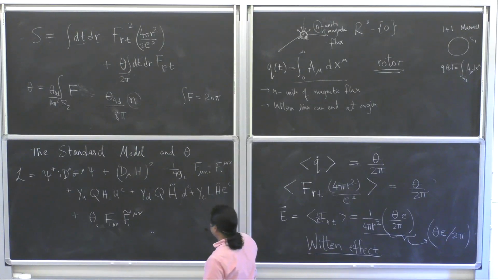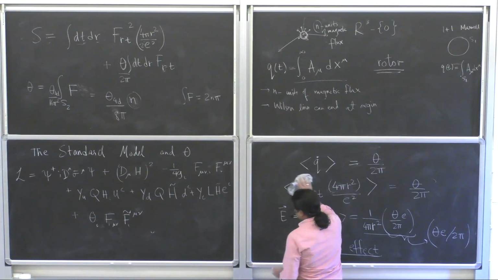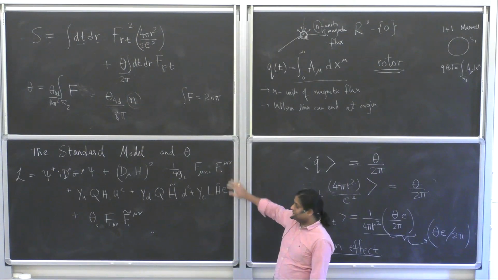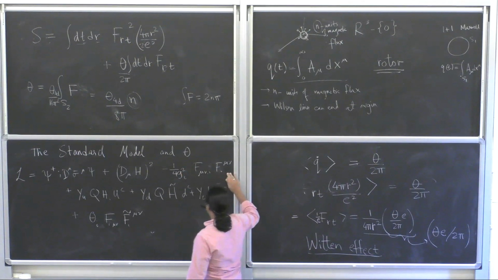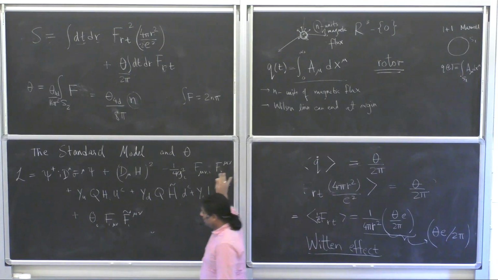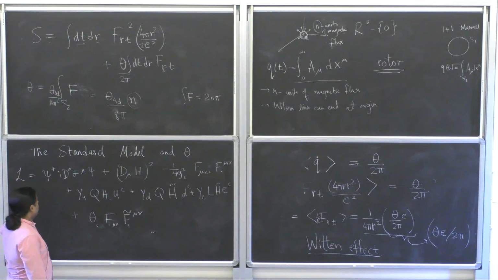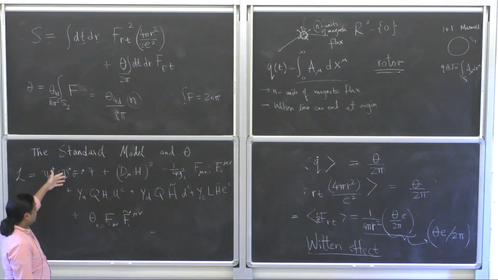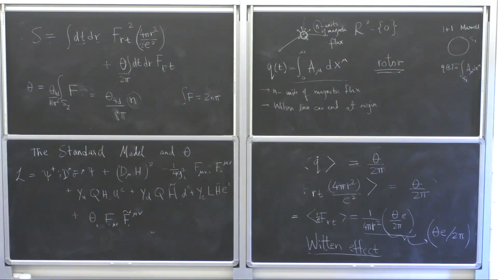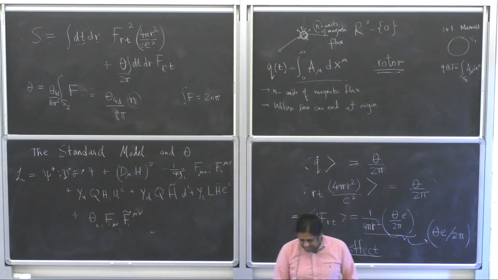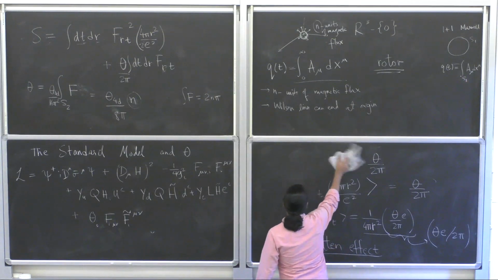So here's the standard model with some number of indices suppressed. I've not separated out all the three gauge groups. This is supposed to stand for QCD, SU(2), and U(1). For each of them, you'll have a theta angle. So a priori, there'll be three theta angles, one for QCD, one for the hypercharge, and one for SU(2) weak. These are all the fermions in the standard model with the appropriate covariant derivative depending on their gauge charges. And then there are the Yukawa terms that eventually will give mass to the fermions.